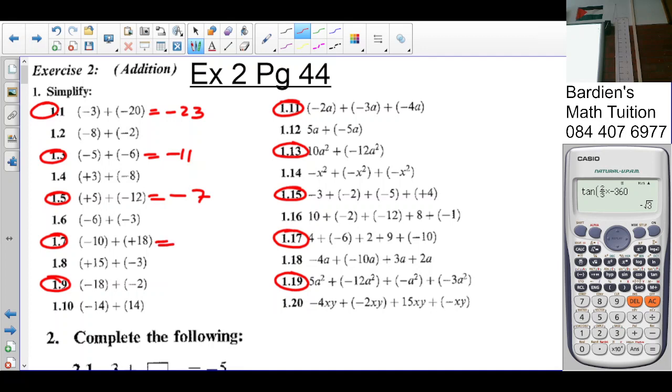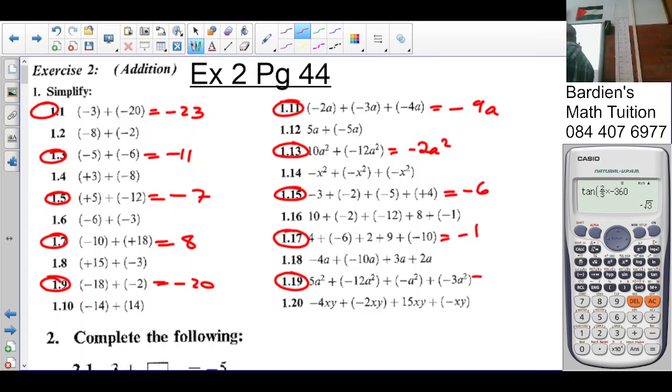Negative 7. 8. Next one? Negative 20. Negative 9a. Negative 2a squared. Negative 6. Negative 1.